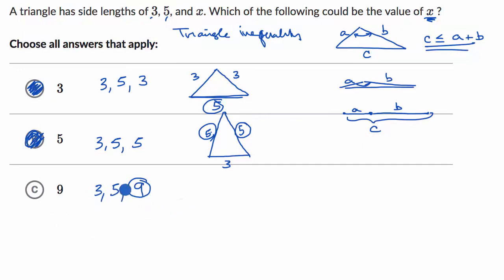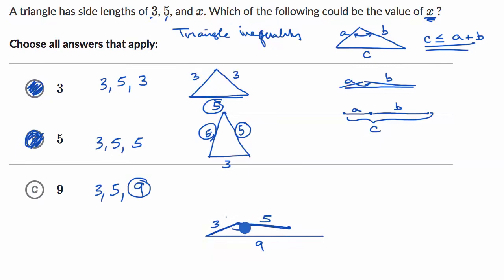And you could see why not only does this violate the triangle inequality, but why this would be an impossible triangle to construct. If I have a side length 9 right over here, and let's say I have a side length 3 right over here, no matter how hard I try, the side length 5 is only going to be able to go about that far.